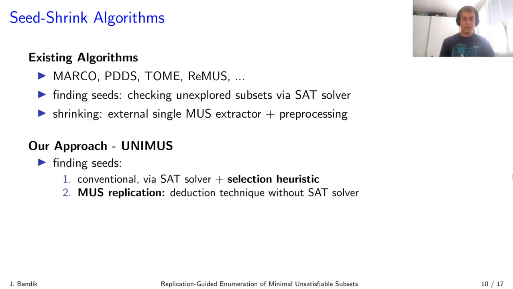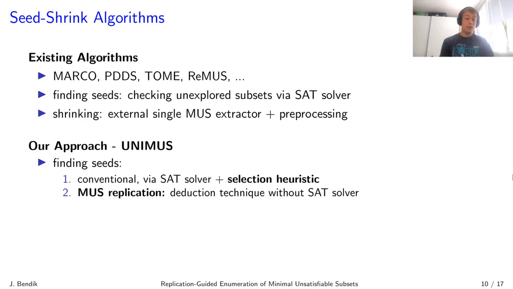In the case of UniMUS, we employ 2 novel techniques for finding seeds. One of them works on the same principle as existing techniques. That is, we repeatedly check unexplored subsets for satisfiability with a subsolver until we identify an unsatisfiable one. The novelty is in the choice of subsets that should be checked for satisfiability. The other technique for finding seeds works on a fundamentally different principle.